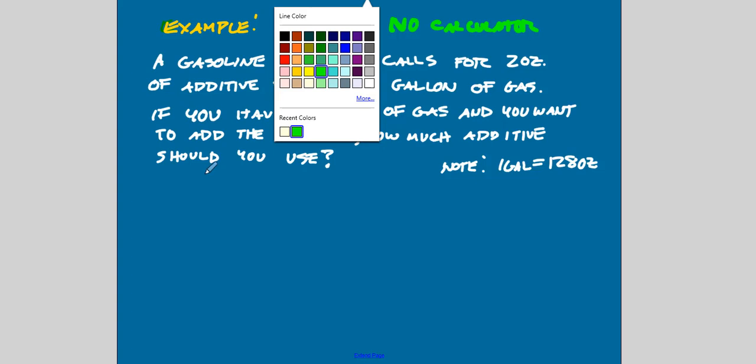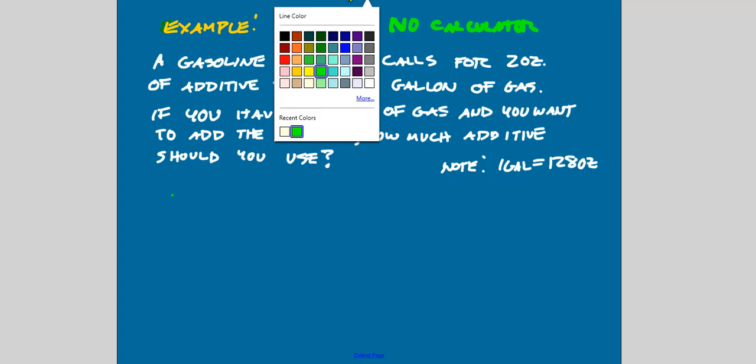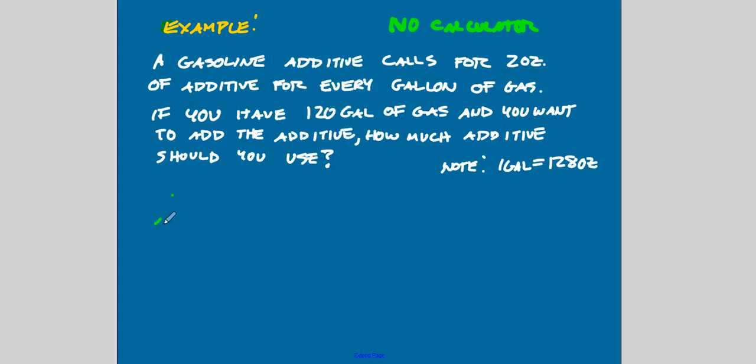So we have 2 ounces. So let's do additive to gas. You could do gas to additive, just your numbers would get switched around.